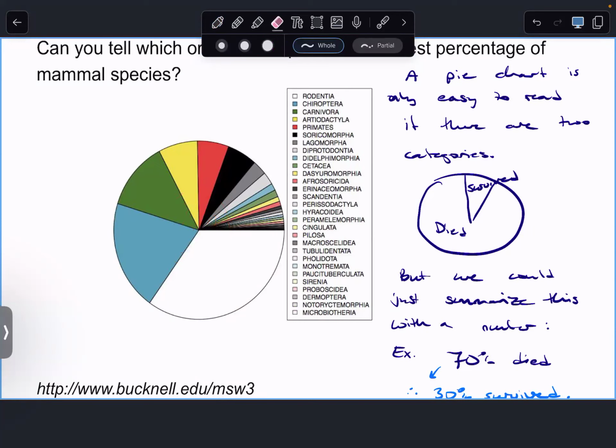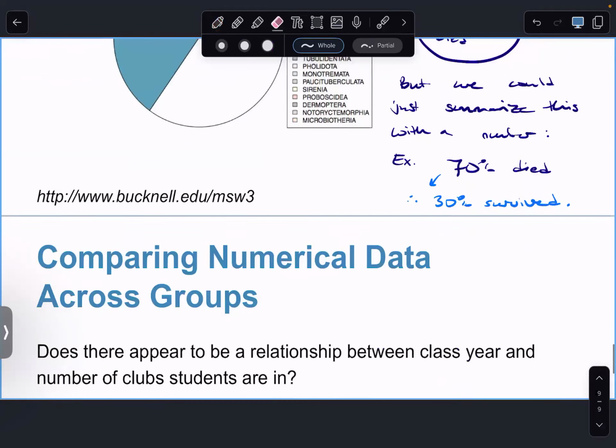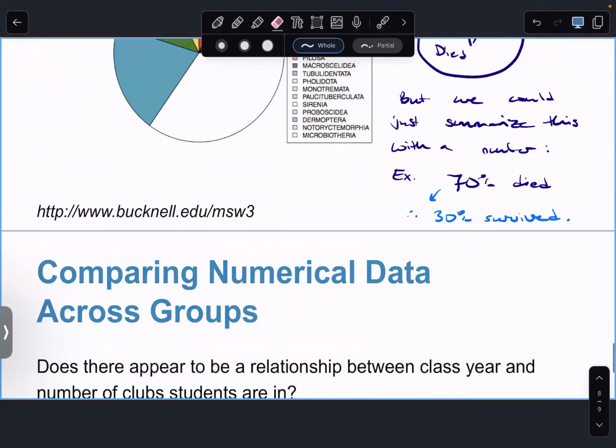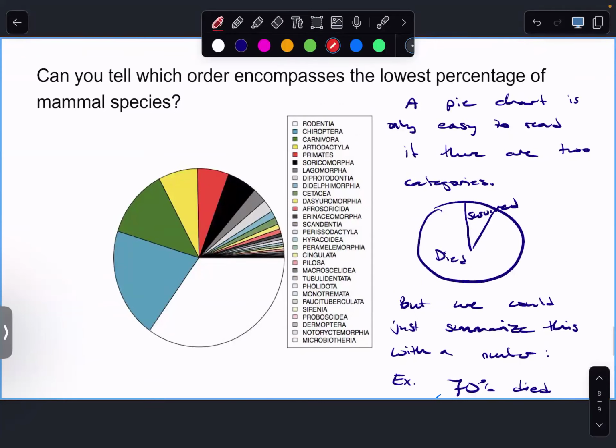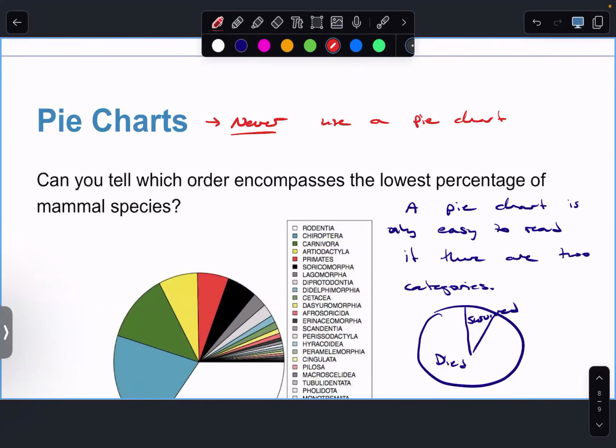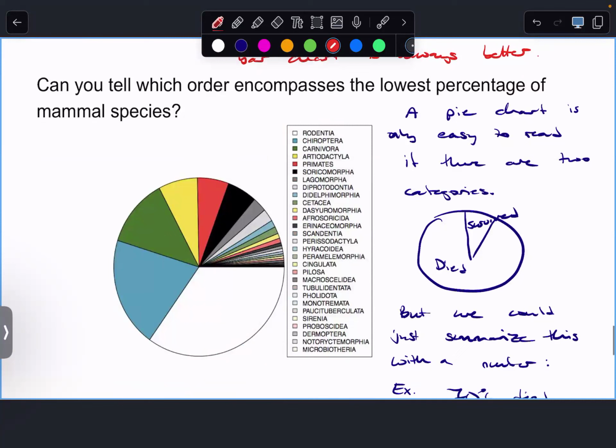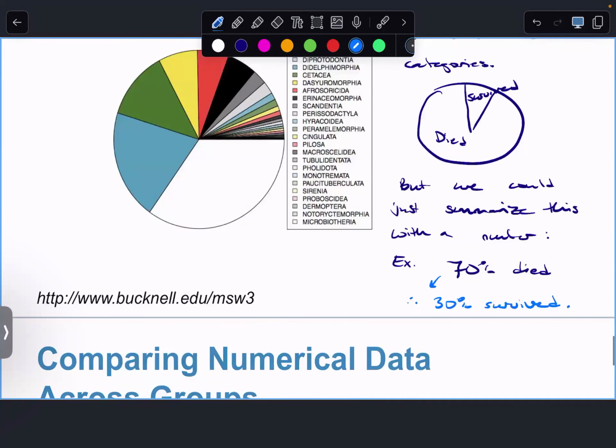Okay. So all kinds of weird takes, right? But a bar chart is better, is always better. Even small differences in the bars are visible.